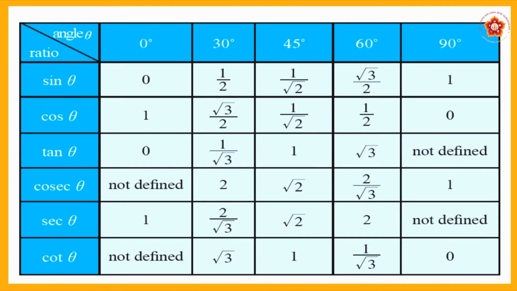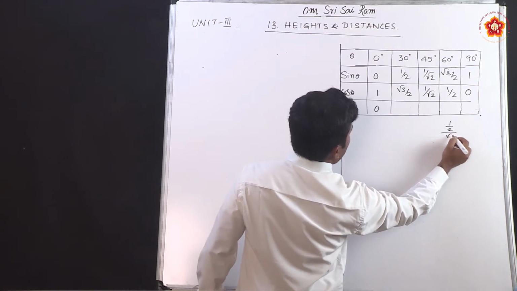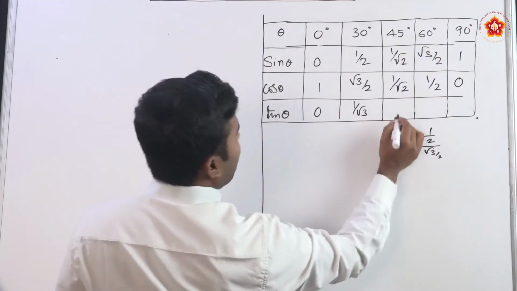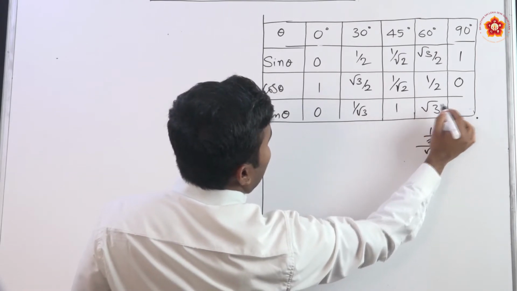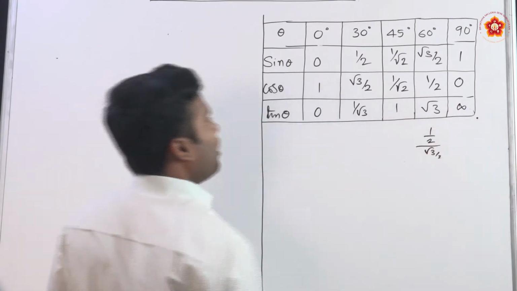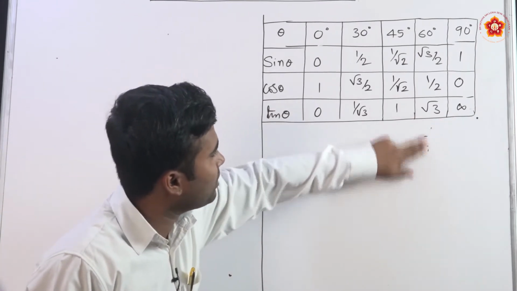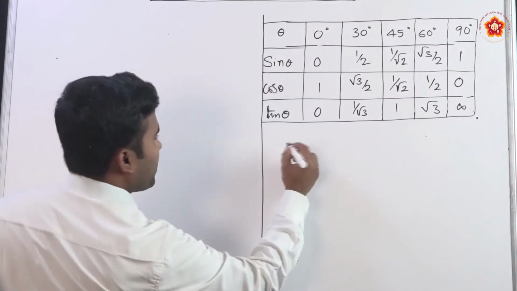At 0 degree it is 0 by 1, which is 0. At 30 degree it is 1 by 2 divided by cos theta, root 3 by 2, so that is 1 by root 3. Tan 45 degree is 1, tan 60 degree is root 3, and tan 90 degree is not defined, we can put it as indeterminate or infinity, because the value cannot be defined as 1 by 0.